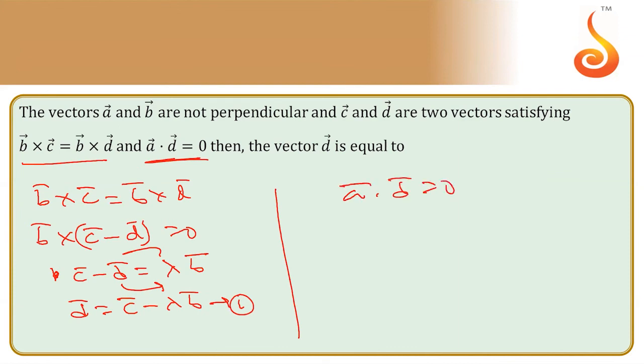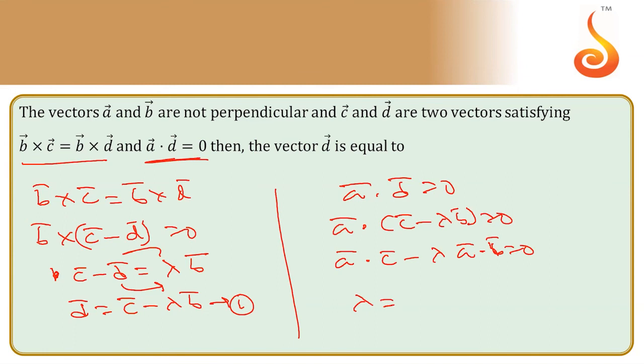A dot D is A dot (C minus lambda B) equal 0. So that means A dot C minus lambda times A dot B equal to 0. Therefore, lambda equal to A dot C by A dot B. This you can substitute here. It's a very good question.